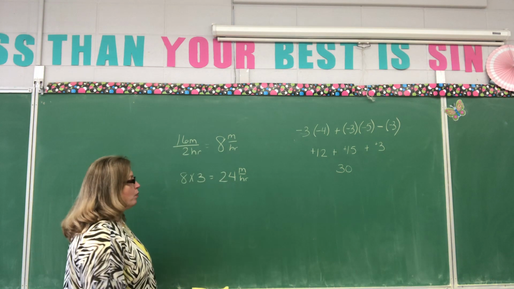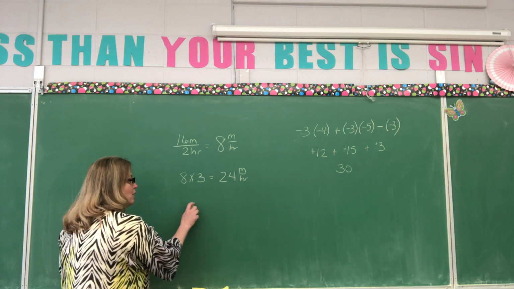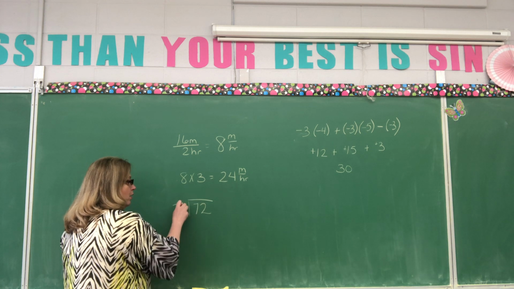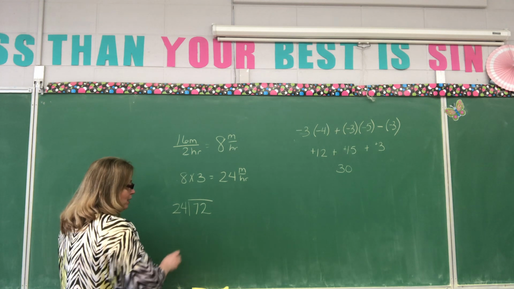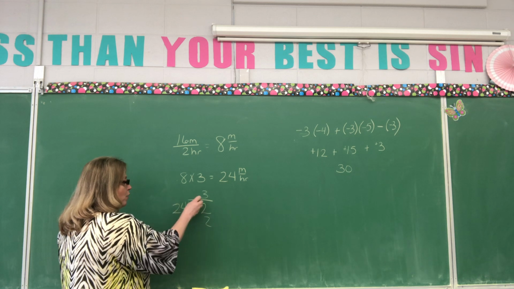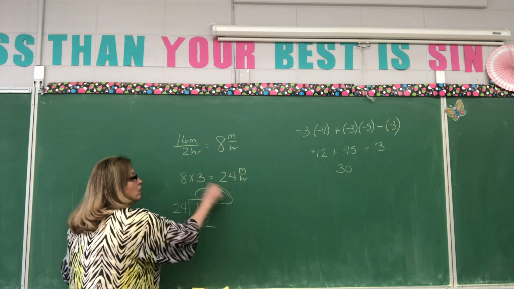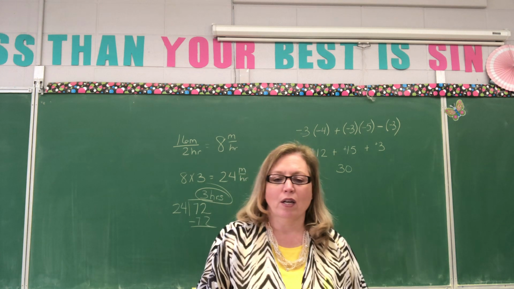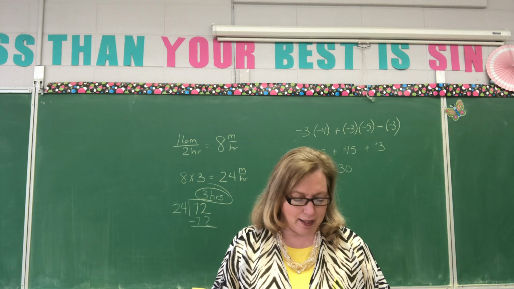Well, we know that we're going to have 24 miles in 1 hour, but how many times can you take 24 into 72? Okay, 24 goes into 72 how many times? Well, if we go 3 times, 3 times 4 is 12. Carry our 1, 3 times 2 plus 1 is 7. So they would have galloped for 3 hours. Galloping for 3 hours is possible, not probable. On a horse, definitely not at that speed.